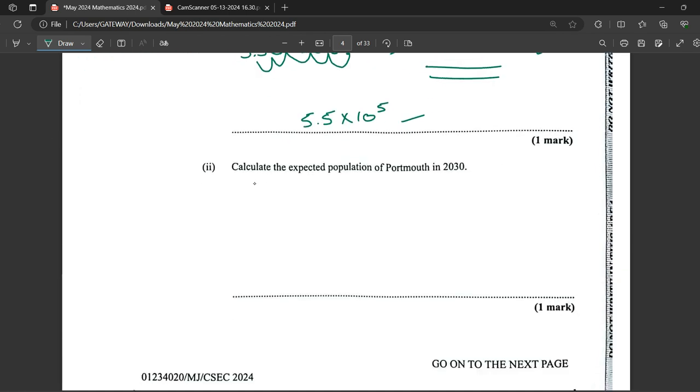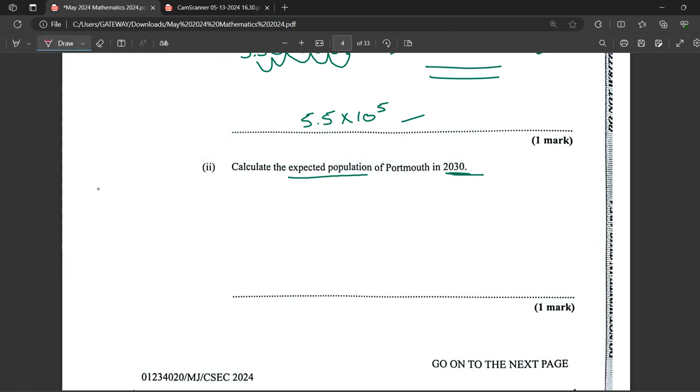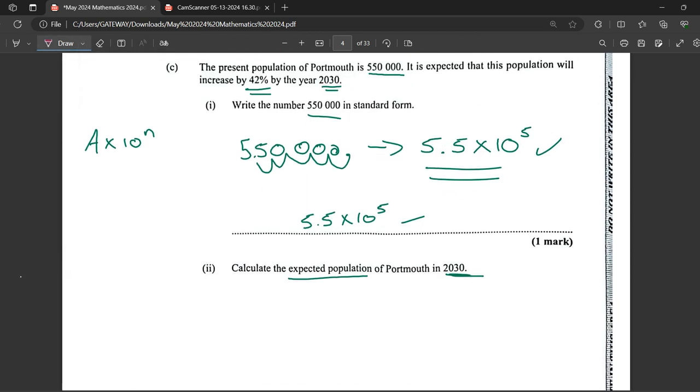Part 2, calculate the expected population of Portsmouth in 2030. Well, this one also real easy. So what you have to do here is simplify 42% of the 550,000.